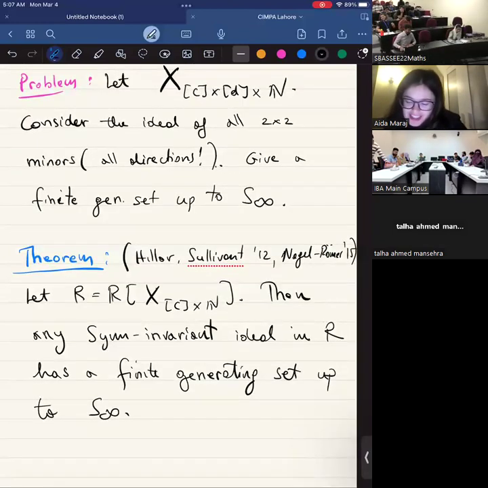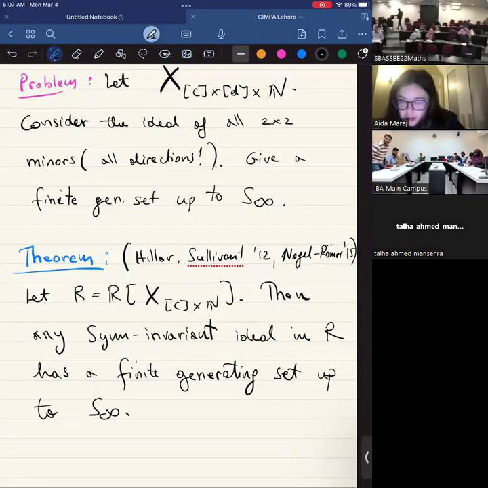Okay, so in this theorem, the point is when we are in the setting where the polynomial ring is of this form, then every S_infinity invariant ideal that lives here has a finite generating set, always up to S infinity. In fact, the theorem is more general, but I'm trying to remove things that may confuse us in an introductory course.